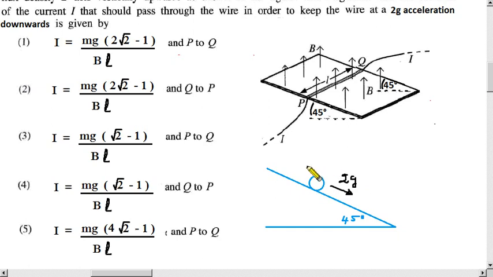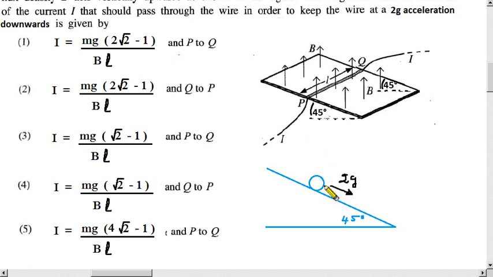So we don't need forces upwards like this. We don't need, because we should move the wire downwards. So therefore we need forces downwards.